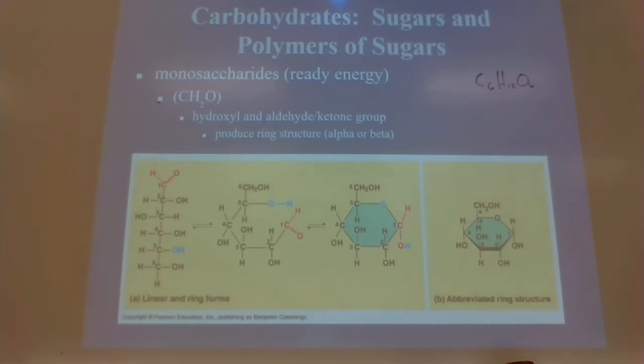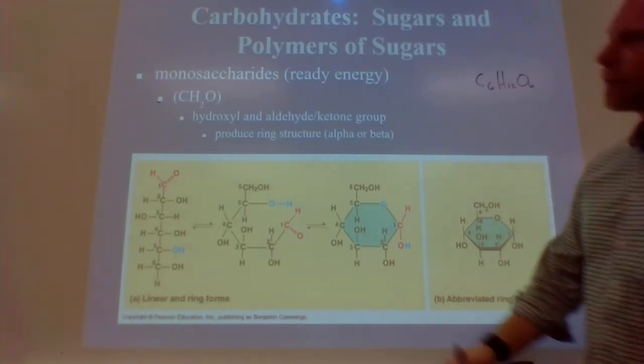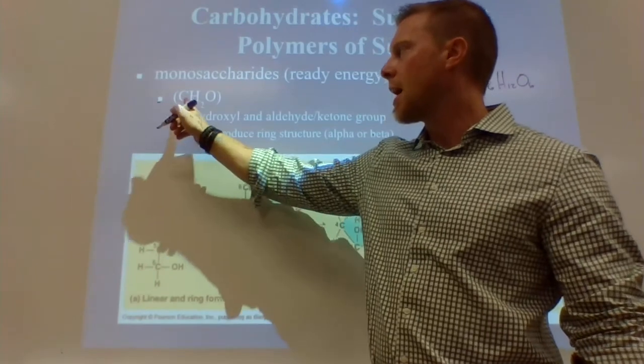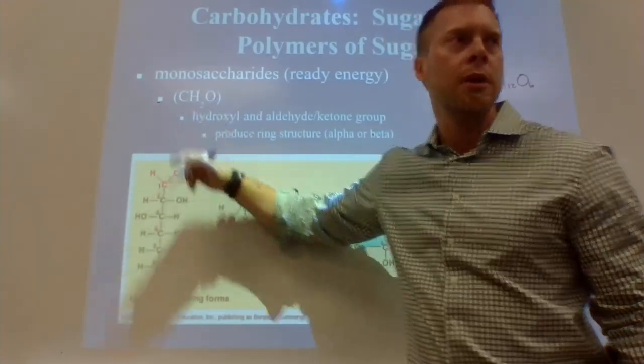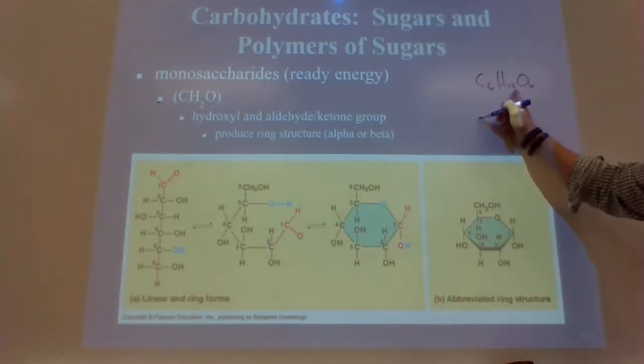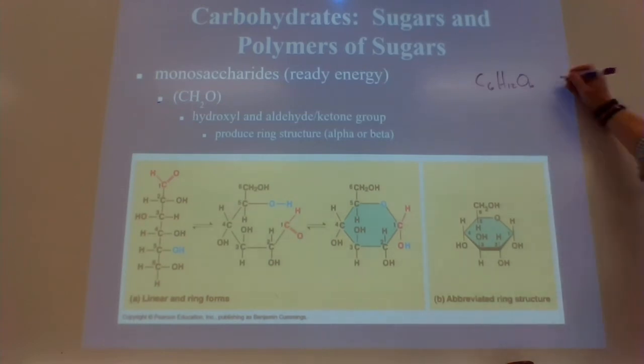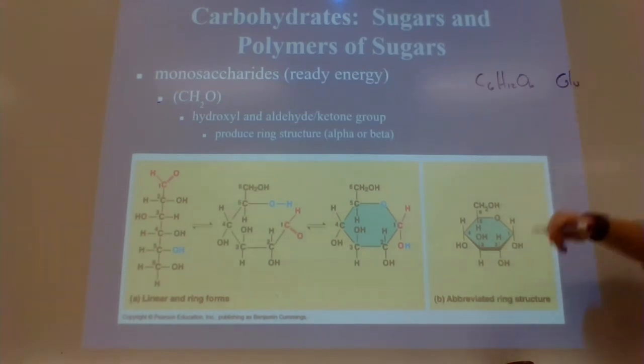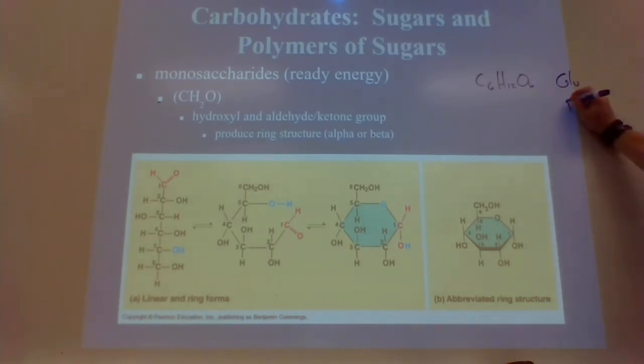So when you look at the formula for a carb, it's always a 1-2-1 formula, right? CH2O. So it's C6H12O6. That is glucose.